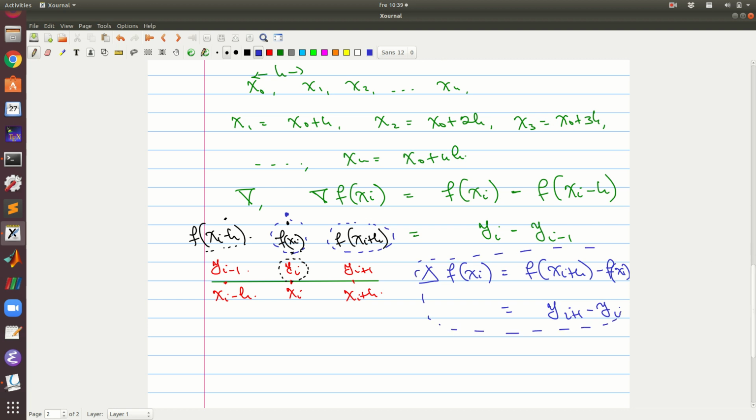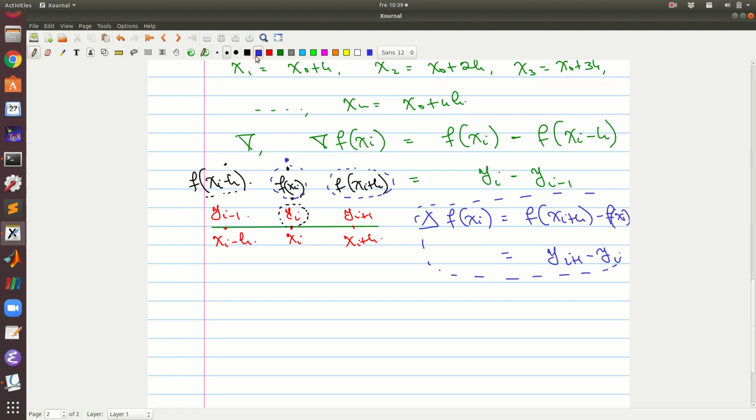Okay, alright, now if we get back to our backward difference operator, here we can now say that in particular the backward difference operator of f of x1 is going to be given by y1 minus y0.